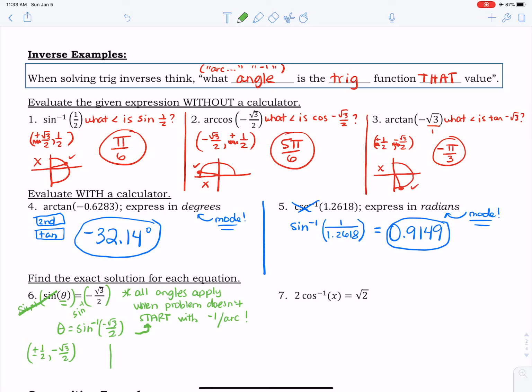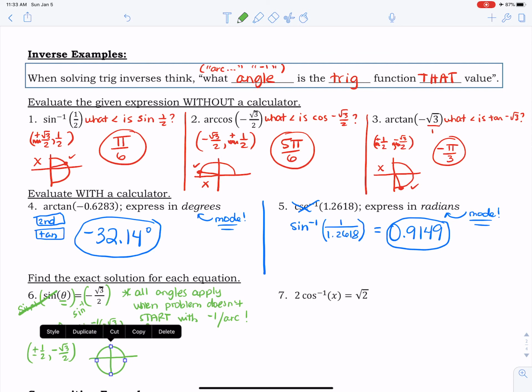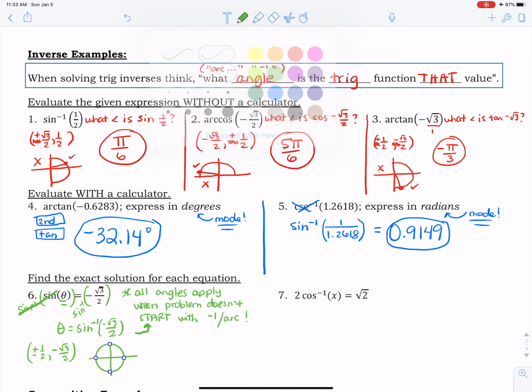And where that ends up being on the circle, I always have to see the circle for me to get the answers to these, is, okay, let's do a full circle. And we want positive 1/2, but negative square root of 3 over 2. Positive 1/2, negative square root of 3 over 2. And negative 1/2, negative square root of 3 over 2.